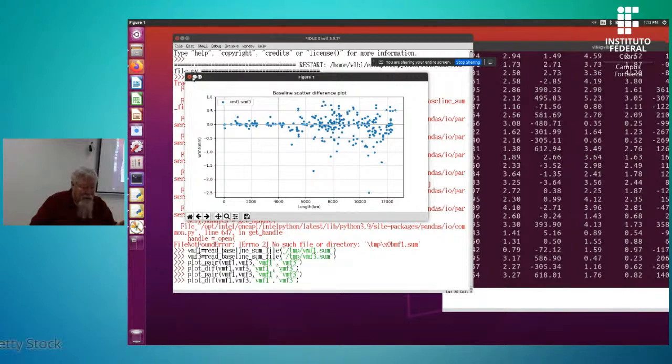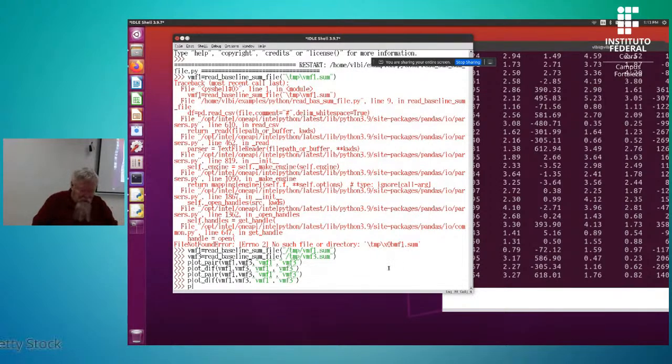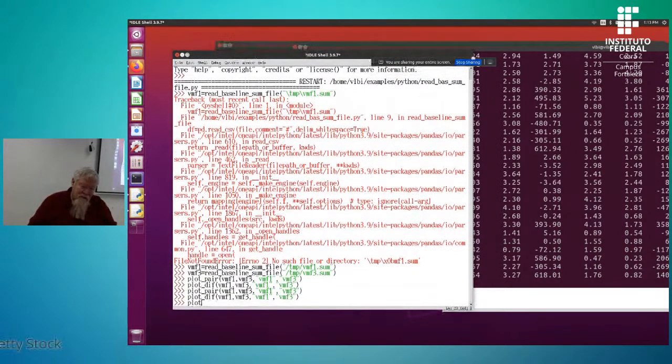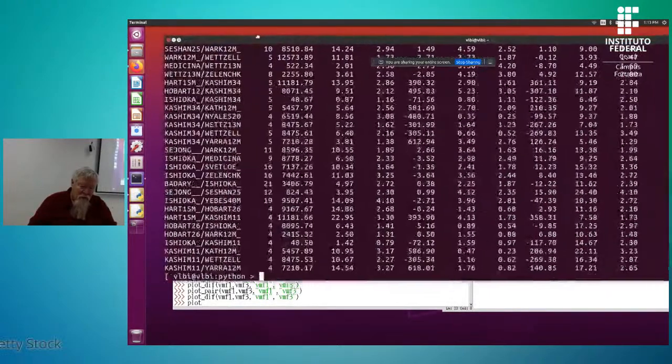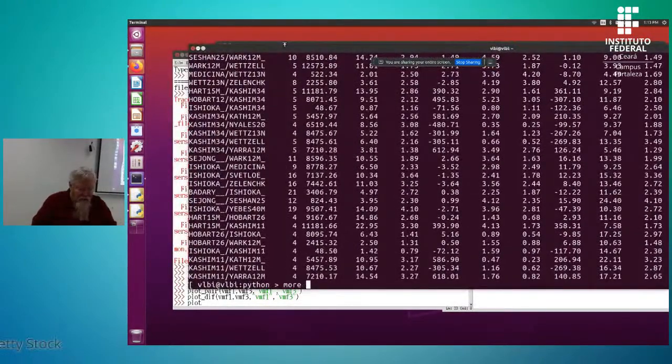Let's go back and look at why we have this high baseline scatter. I am going to type more /temp/BMF1.sum.